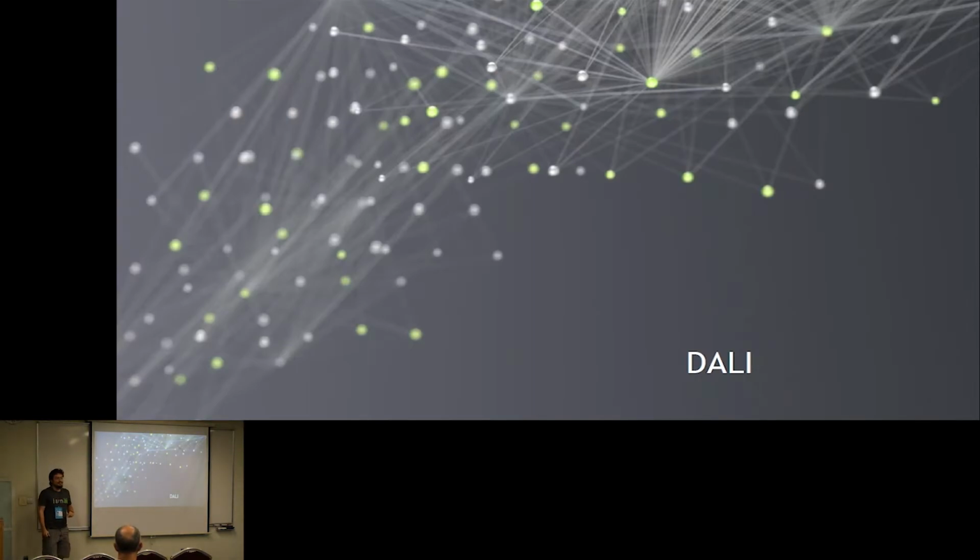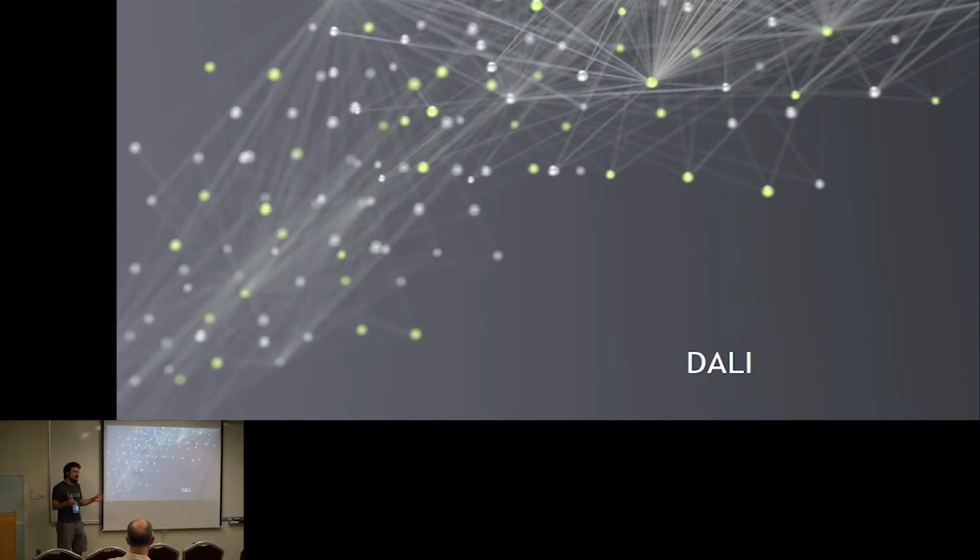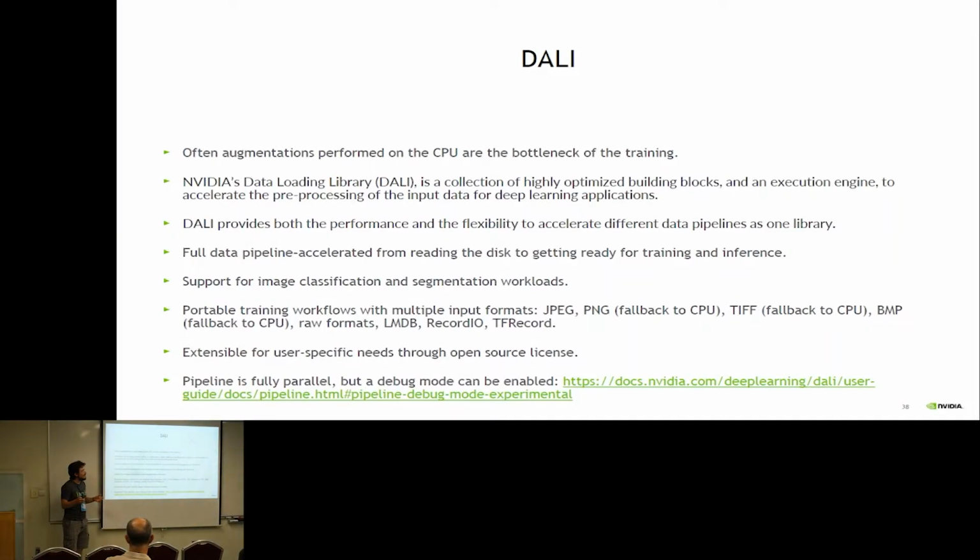So the third common bottleneck I've been able to observe as a solutions architect at NVIDIA is the bottleneck during the data preparation. And we have a special library for that, for some cases. It's called DALI, or NVIDIA Data Augmentation Library. And this is basically what it says. It's a library which implements effective augmentation and effective data loading.